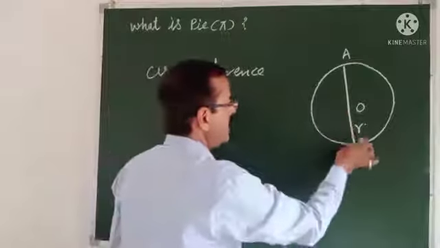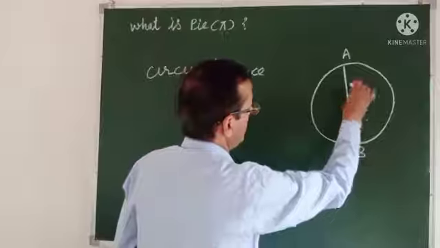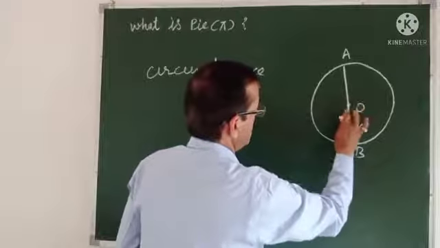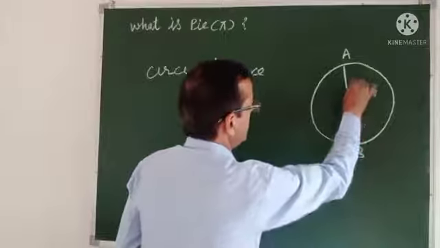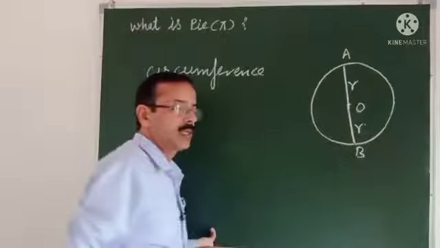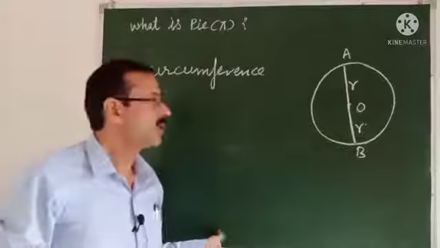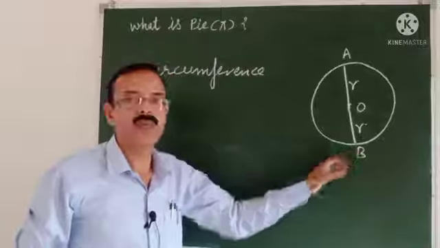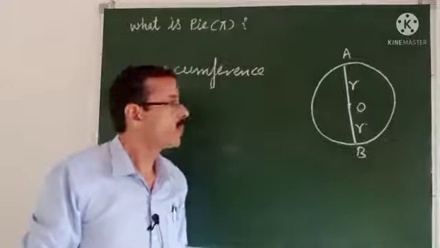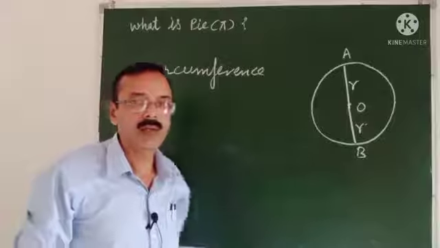OB is the radius. OA is also a radius. Radius means the distance between the center and the circumference. This is called a diameter.